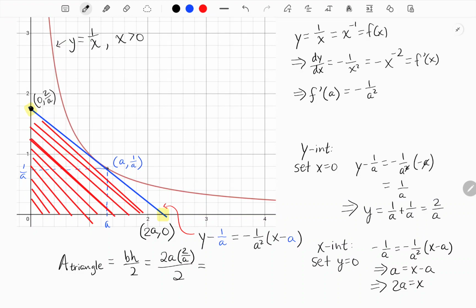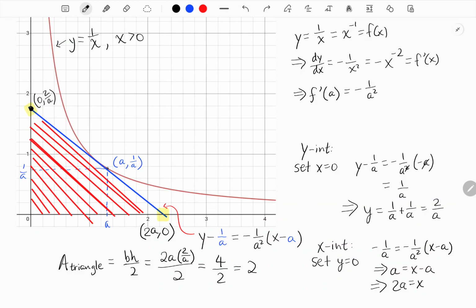There are several ways to do this, but if you start with the numerator, you have 2a multiplied by 2 over a. The a's will cancel out, so you'll get 4 divided by 2, which gives you 2. Or you can see that the a's cancel out, and then the 2's cancel out, and you're left with 2. In the end, the answer is 2.